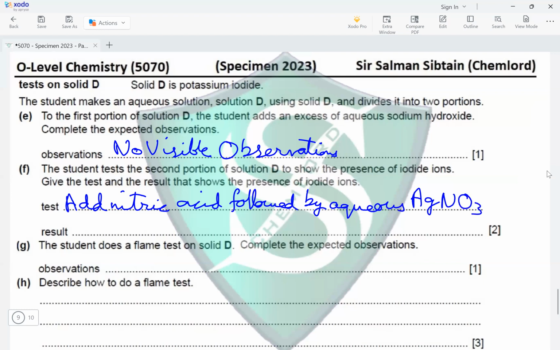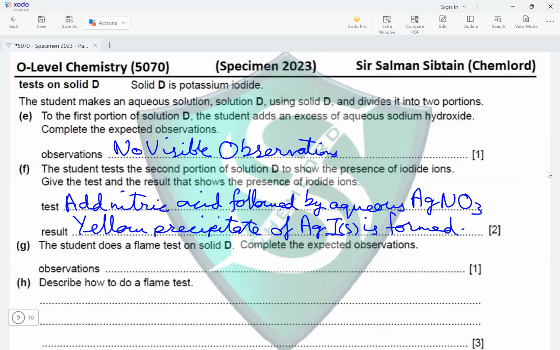Now, when you add silver nitrate, iodide ions would react with the silver ions that you add to form silver iodide, and silver iodide is yellow in color and it's a solid. So, the result is a yellow precipitate of silver iodide, AgI, is formed.